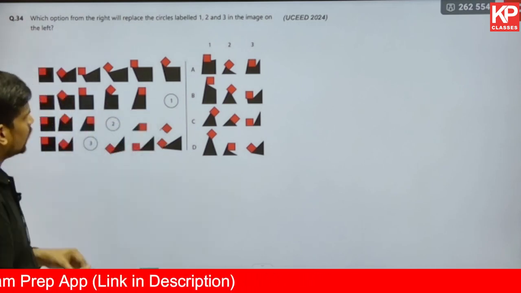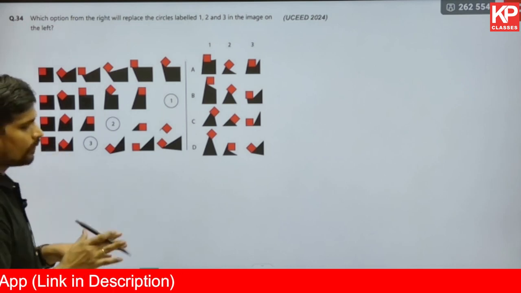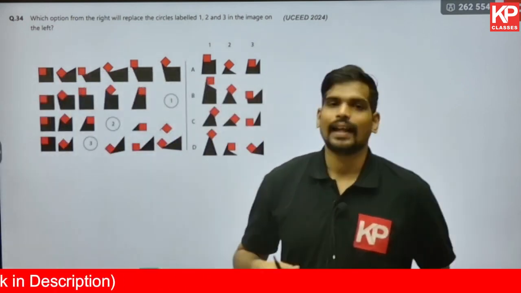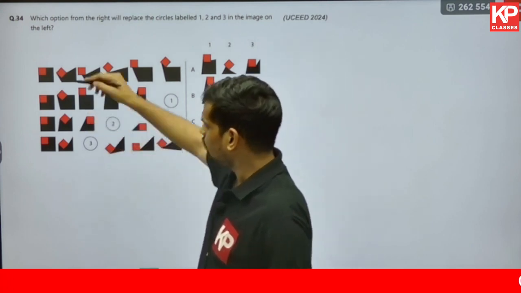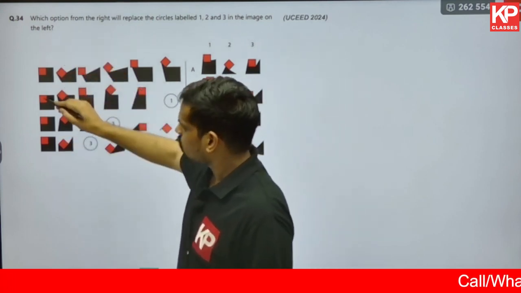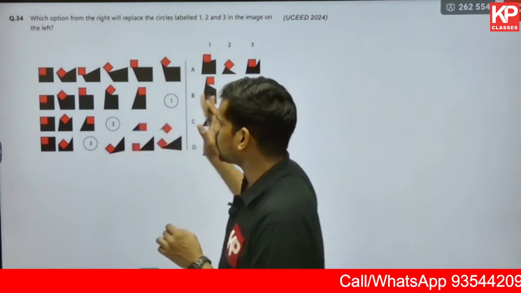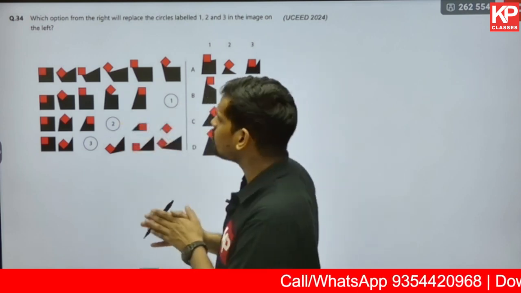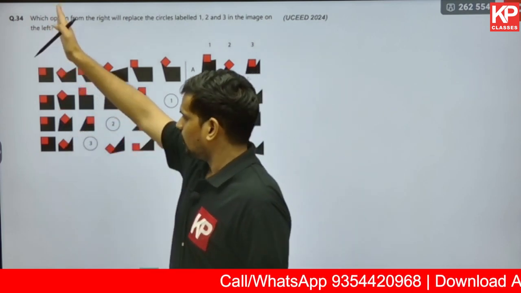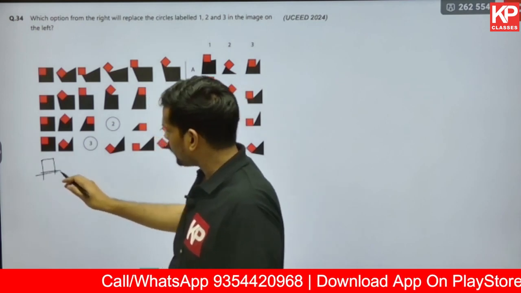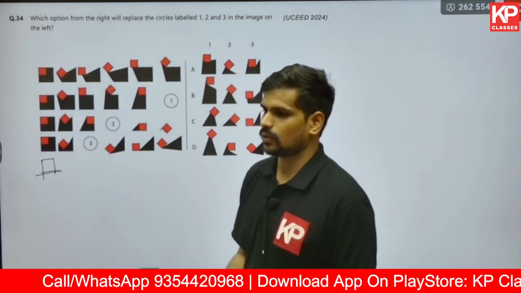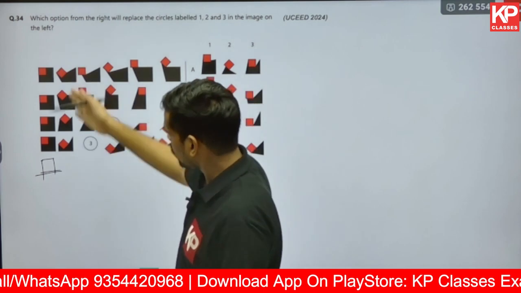If you look into common features again, let us see what is common and then try to apply the same logic to get the correct answer. Over here, in the first row, the position of the square. Just try to observe the squares. We'll think about the remaining black portion later on. If you look into the squares, the square is resting on a flat surface like this in the first column, first row.